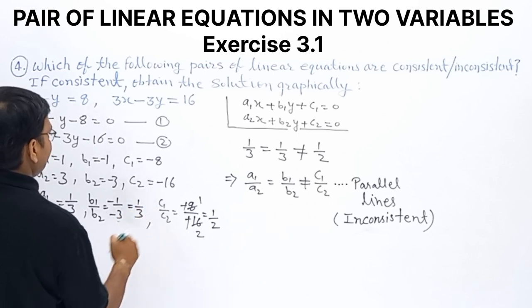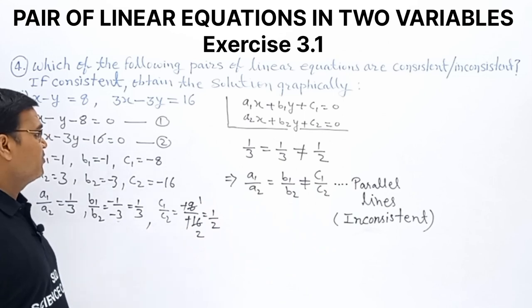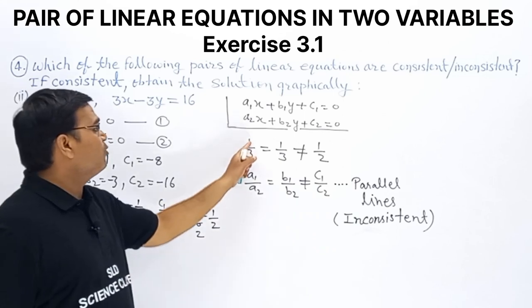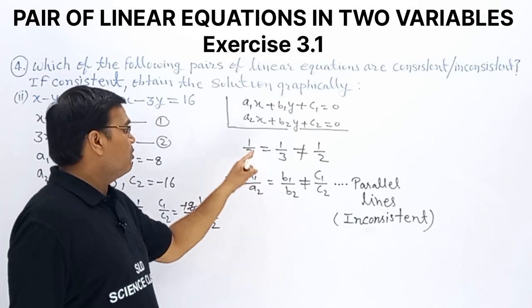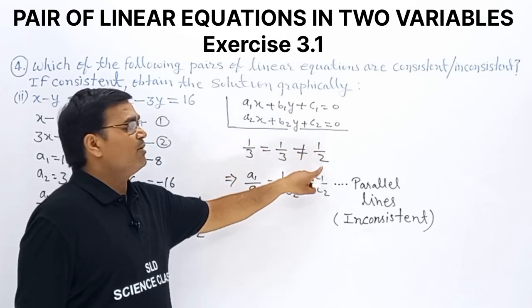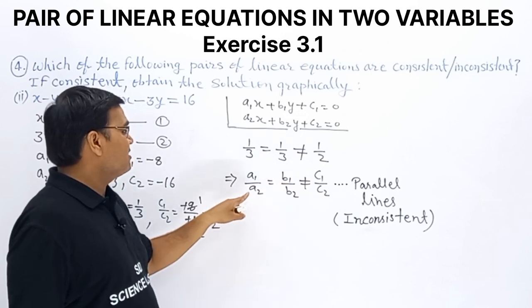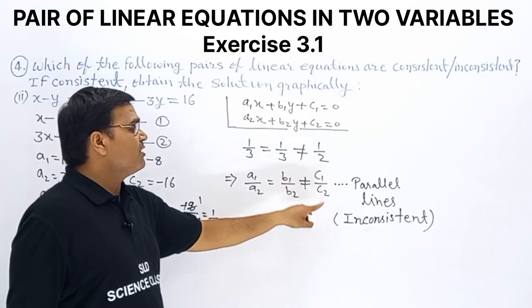Clear? And c1 upon c2 is 1 by 2. So finally we can say 1 upon 3 equal to 1 upon 3 but not equal to 1 by 2. That is, a1 upon a2 equal to b1 upon b2 not equal to c1 upon c2.